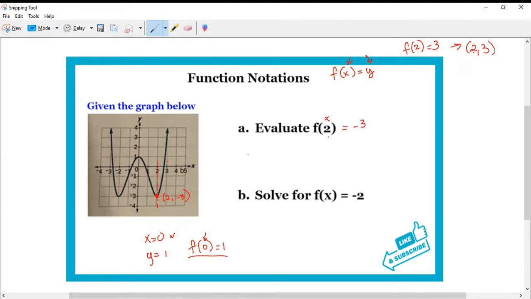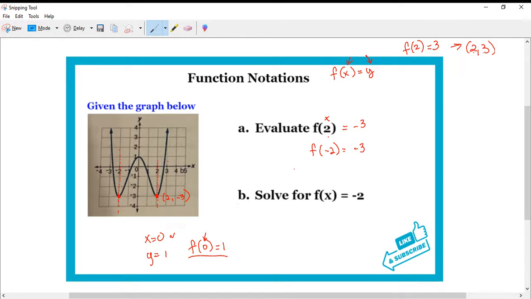How about if I give you f of negative 2? Well, the same thing. Locate negative 2 on your x, and then draw an imaginary vertical line. Where does your vertical line cross the graph? It's right here. So that is also negative 3.